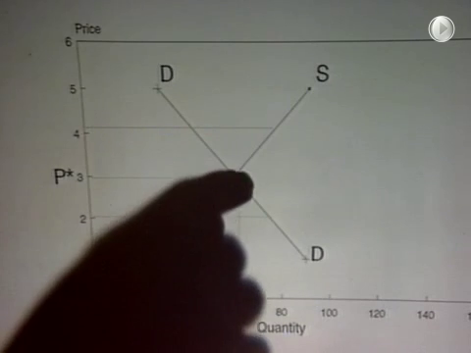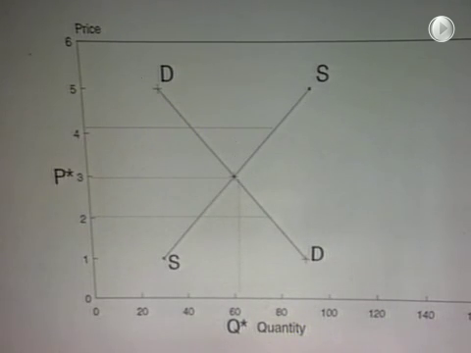It would therefore pay producers to actually expand output, to expand supply, and at the same time increase price. So in this case, we'd expect an expansion of supply back up to that market clearing level. It's only at that point, P star, Q star, that the desires of both producers and consumers are actually fulfilled.